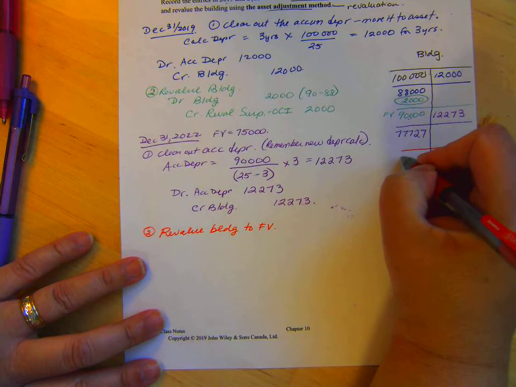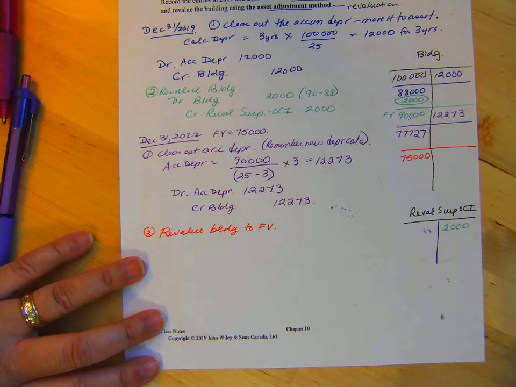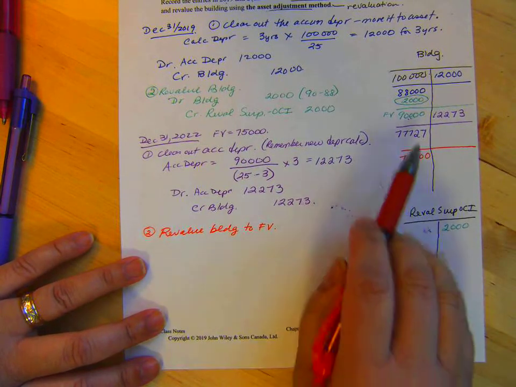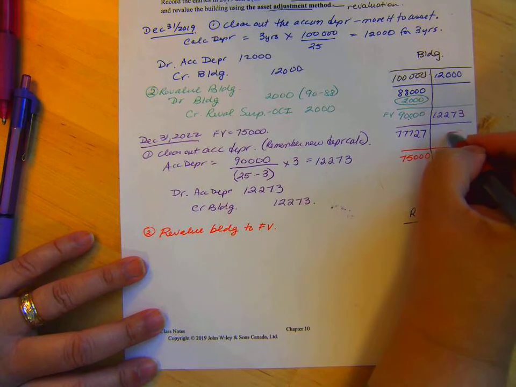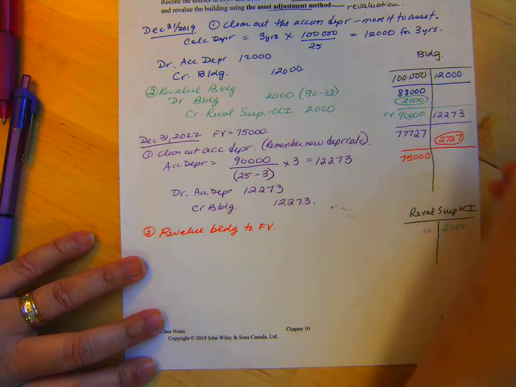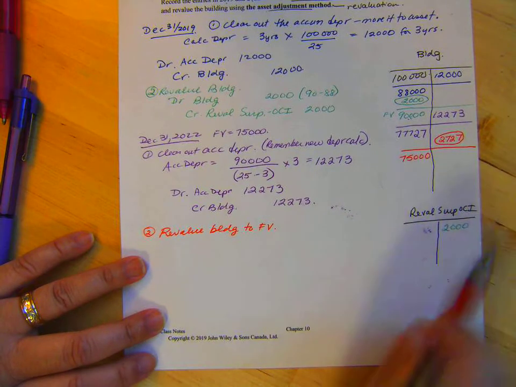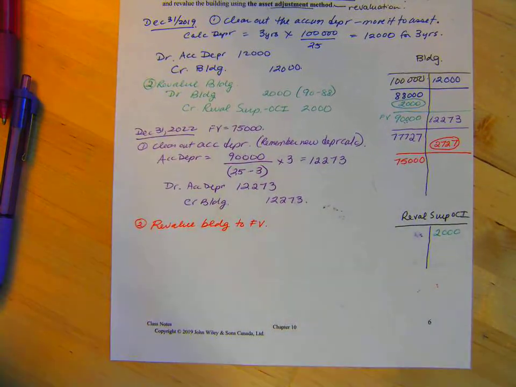So we want it to be 75,000. Well, what do I have to do to this building to make it go down to 75,000? I have to credit it 2,727. Remember, you guys, circle my numbers like that. I'm just taking the difference.